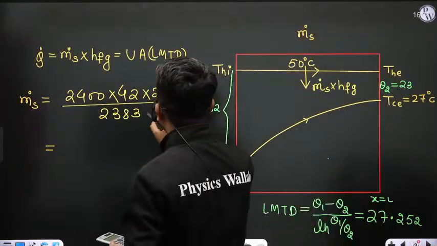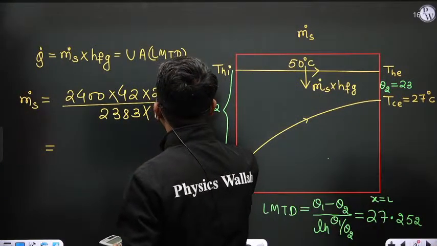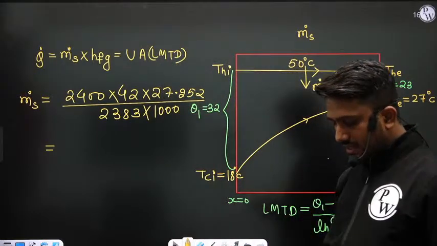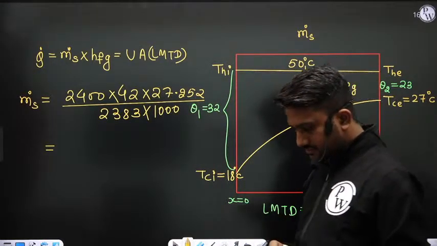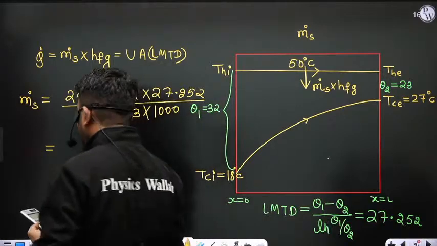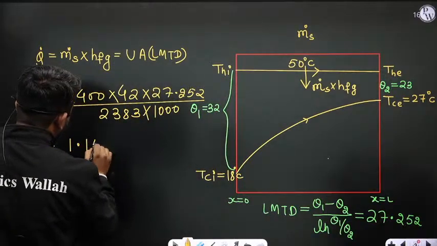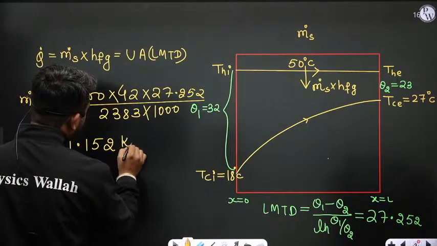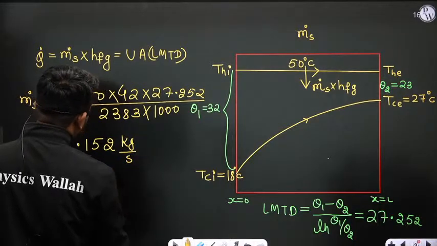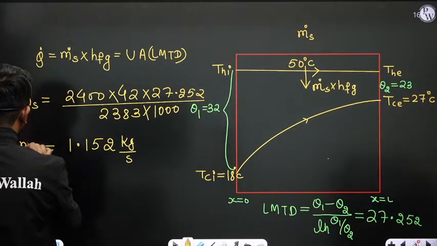Okay, this is in kilojoule per kg, correct. So this is 1000. This comes 1.152 kg per second.